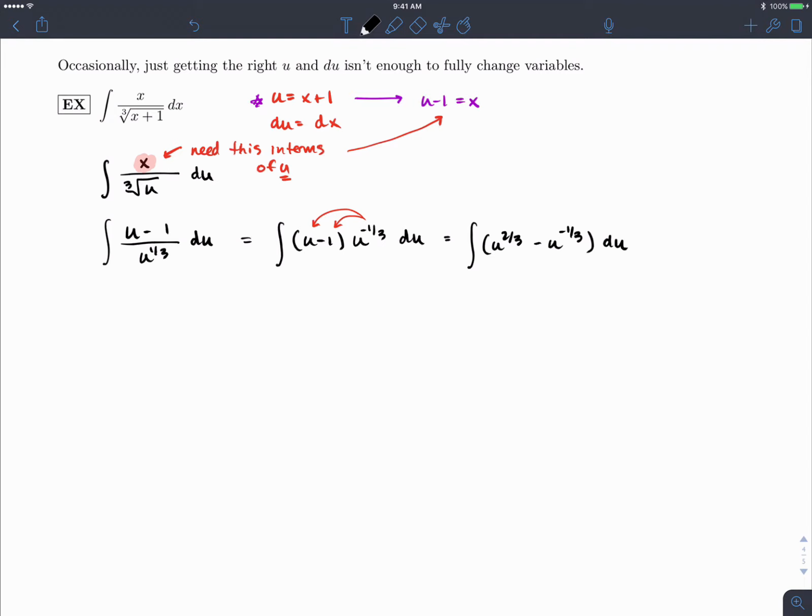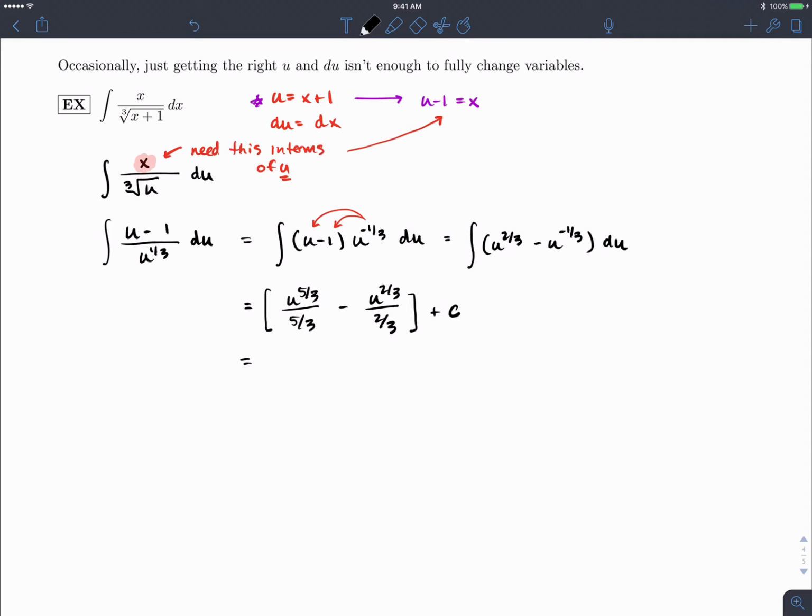Okay, so now these are two terms that we can actually integrate. So if we integrate these each, let's see what we end up with. If we add 1 to 2/3, it's going to give us 5/3. So it's going to give us u to the 5/3 divided by 5/3. And if we add 1 to negative 1/3, that's going to give us u to the 2/3 divided by 2/3 plus c.